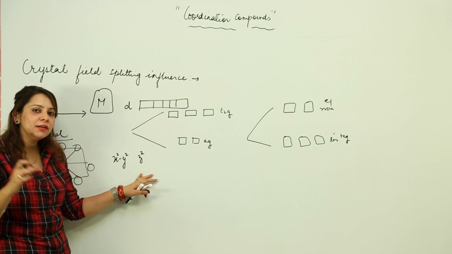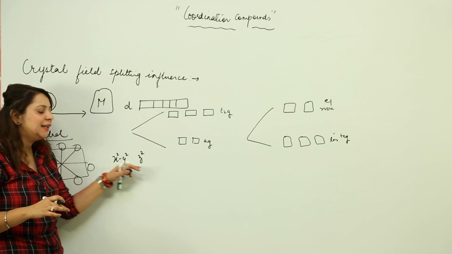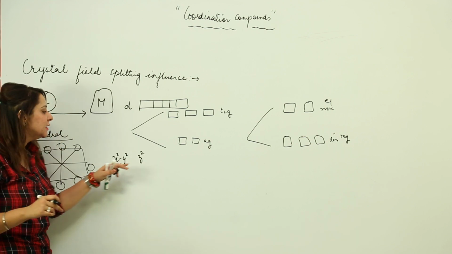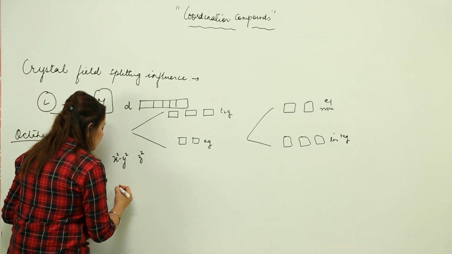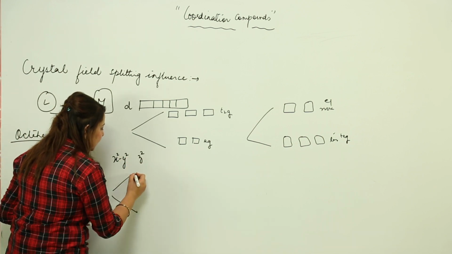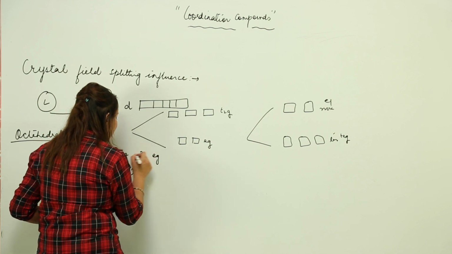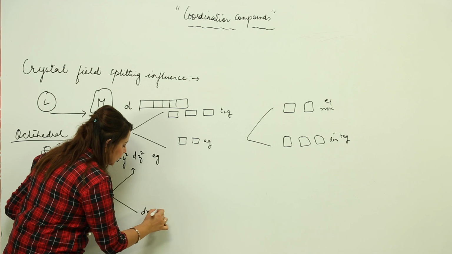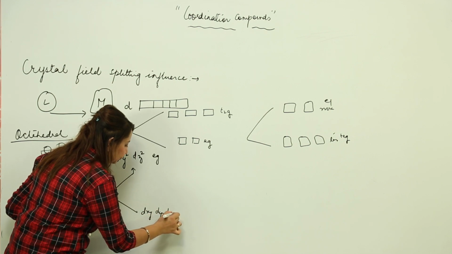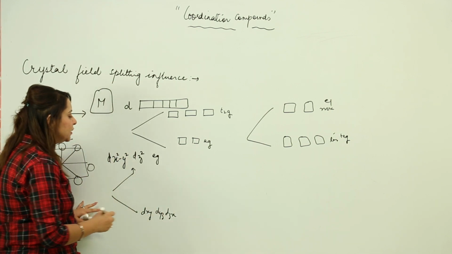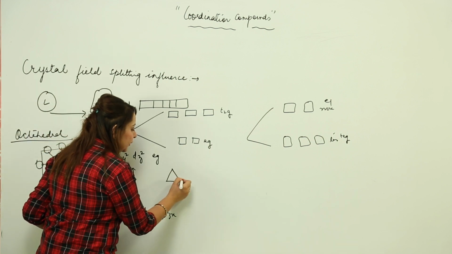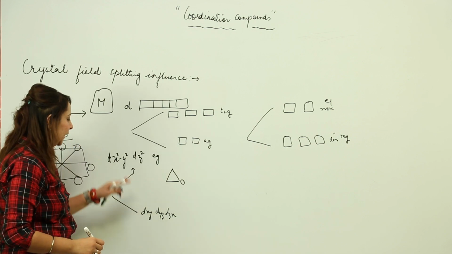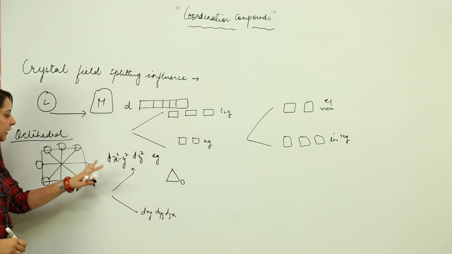When it enters through the axis, the orbitals lying on the axis will suffer more repulsion, and as a result their energy will be higher. So their energy gets higher, that means the Eg ones, and the energy of the others is somewhat lower, right. And you know that the energy difference is given by delta with O as subscript, which indicates the energy difference for the octahedral complex. So there is a splitting of energy in this way.